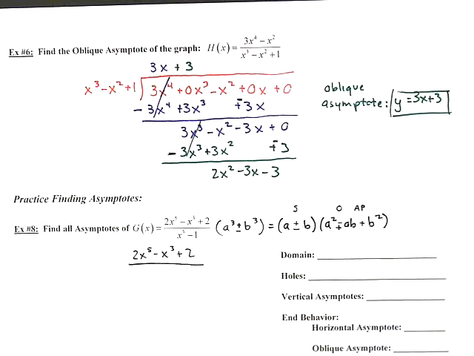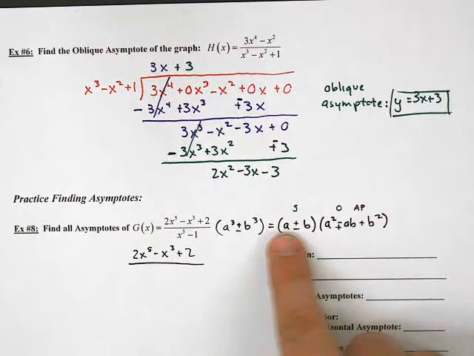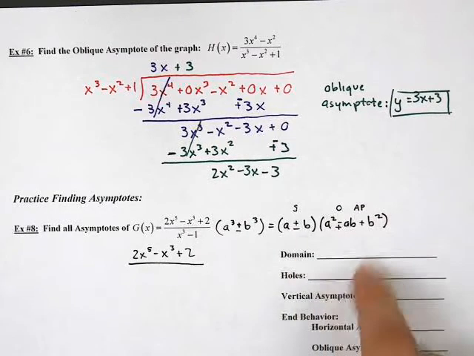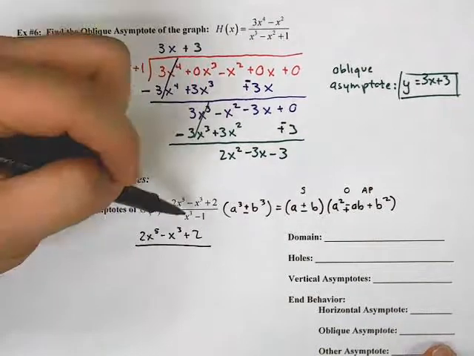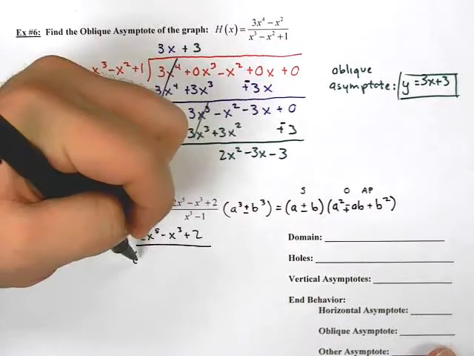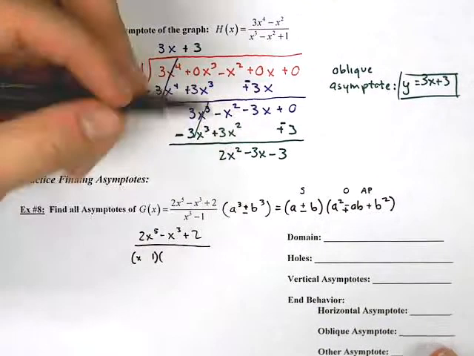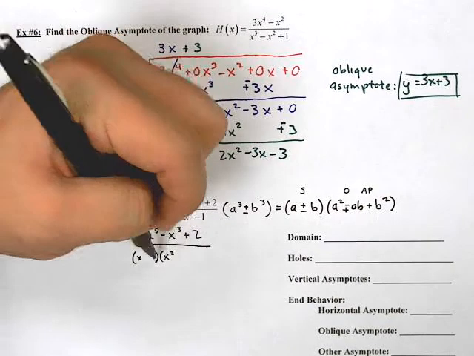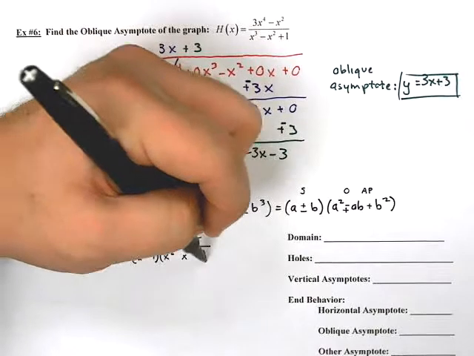Alright? So what I need you to remember here is if you can see a cubed and b cubed, it always factors in this pattern: a minus b, a squared, AB, b squared, and then you just have to figure out the signs. So I look at my original, x cubed minus 1. I know that that's going to be x and 1, which means this is my a and this is my b, so this is going to be x squared, and 1 times x is x, and 1 squared is 1.